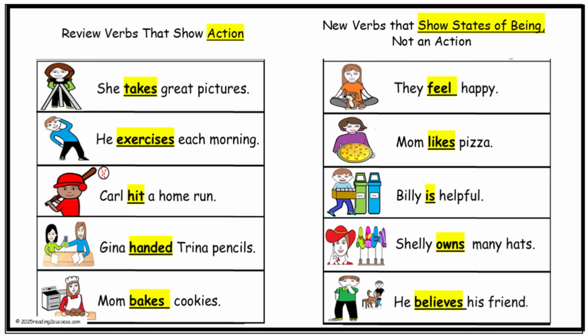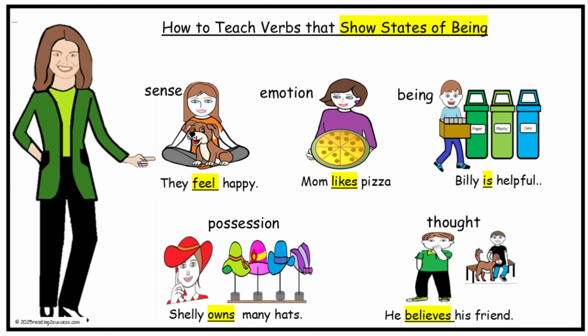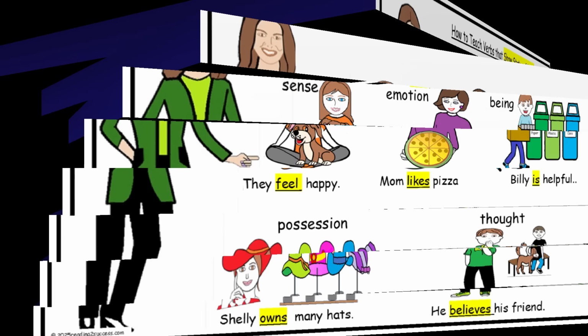The action verbs have been shown previously in sentences, so now we will focus on the state of being verbs: feel, likes, is, owns, and believes. Each of the state of being verbs will be introduced separately.